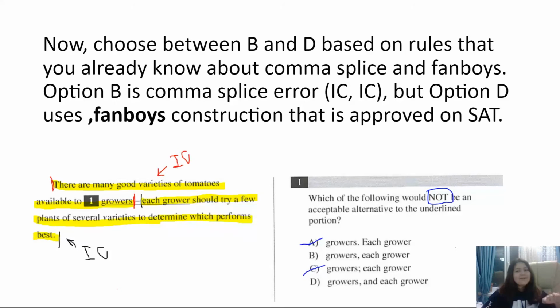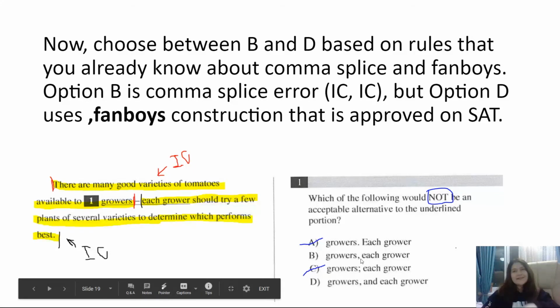Now, between B and D, D is using comma fanboy. So D is an acceptable way. But the question is asking for the not acceptable way. And the not acceptable way is option B, because it's connecting them using just a comma.